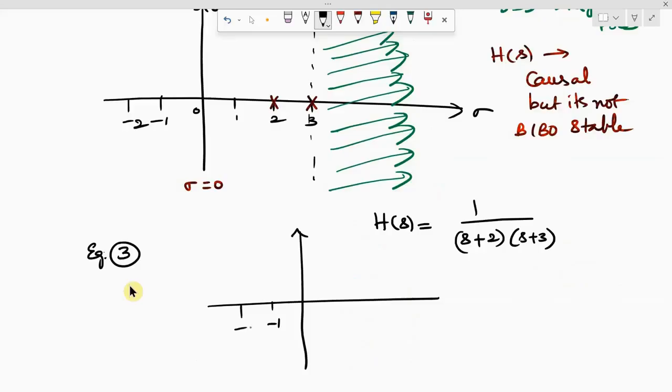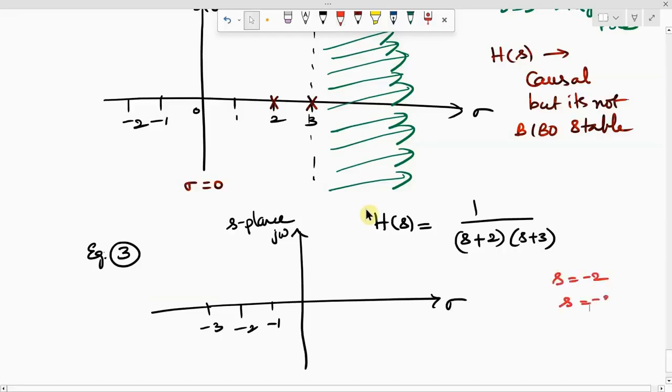So minus 1, minus 2, minus 3 on the axis. The locations at s equal to minus 2, s equal to minus 3 are poles.